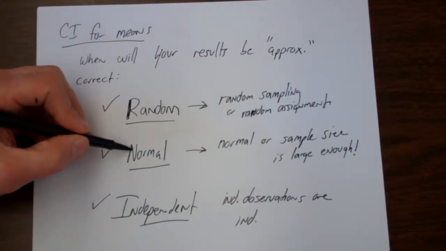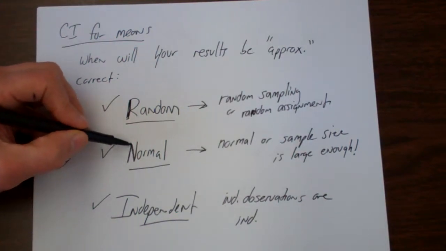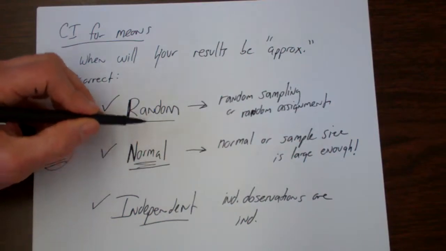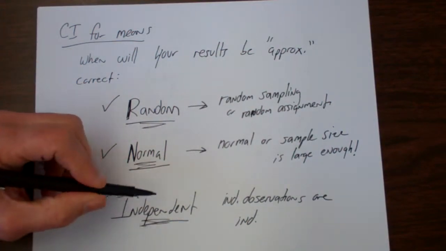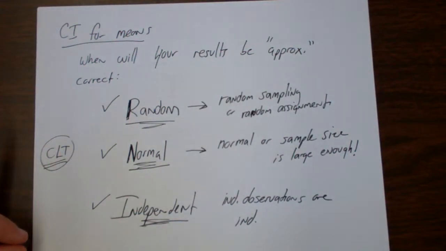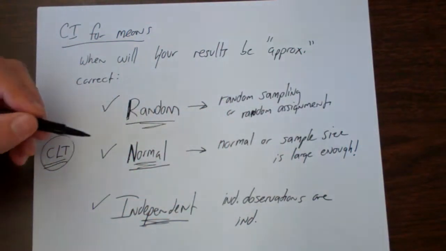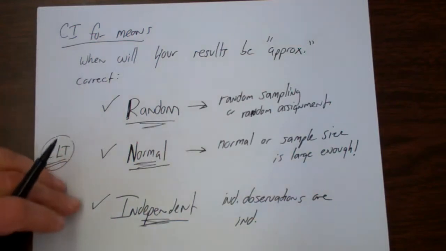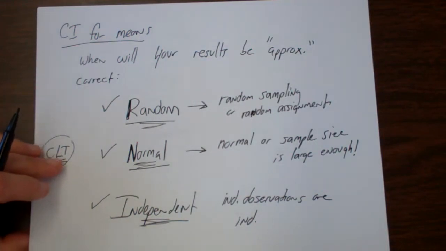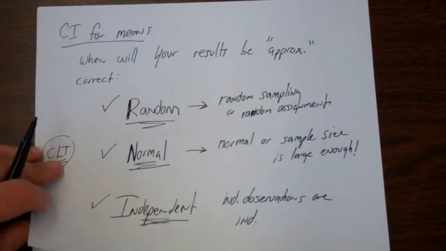A sample size that's not large enough or a distribution that's not normal will violate the normal distribution. And when observations are not independent, then obviously that one's violated. So these are important conditions for your results.